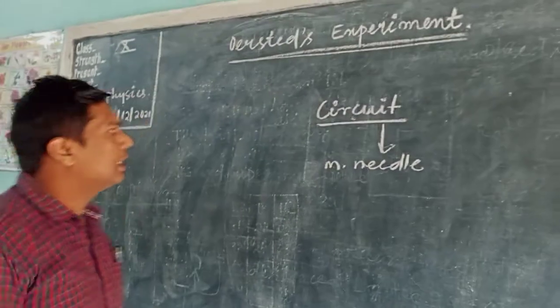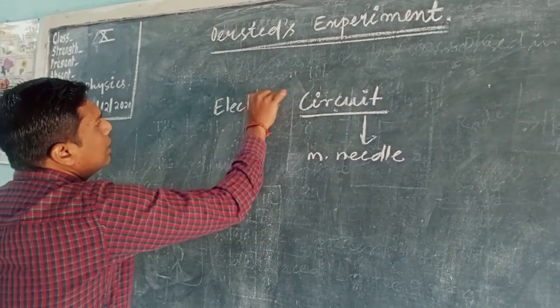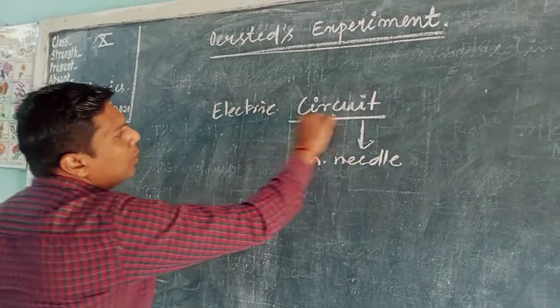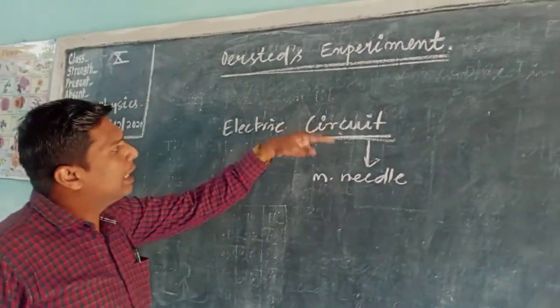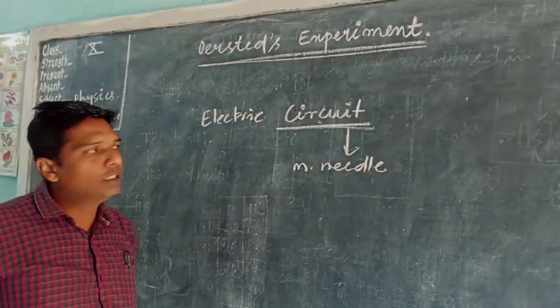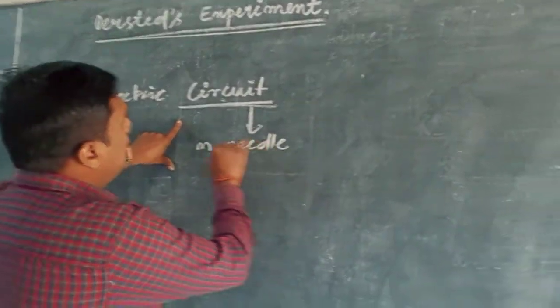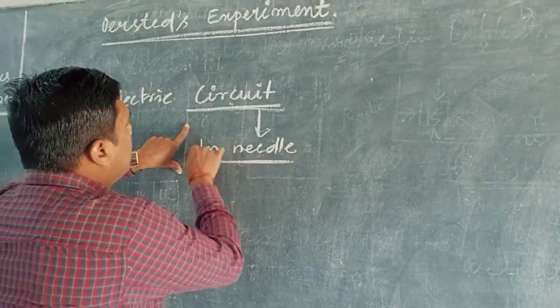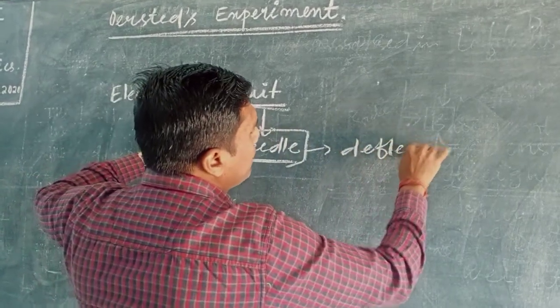circuit, near the electrical circuit, near the electric circuit. So, when he kept the magnetic needle near the electric circuit, parallel to this electric circuit, unfortunately he observed that this magnetic needle got deflected.